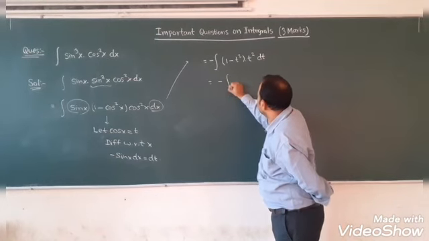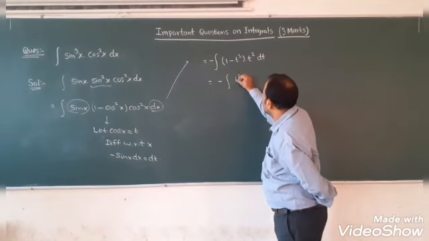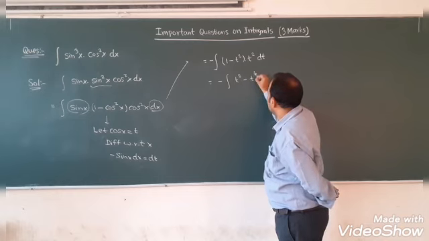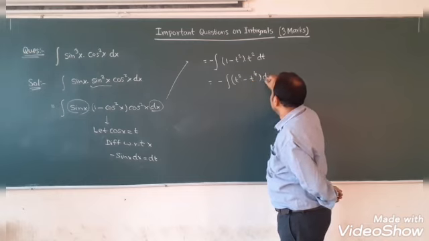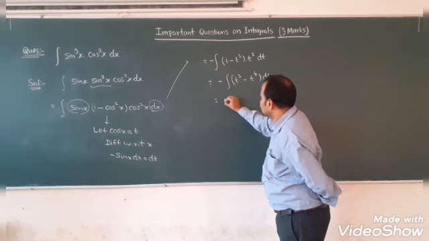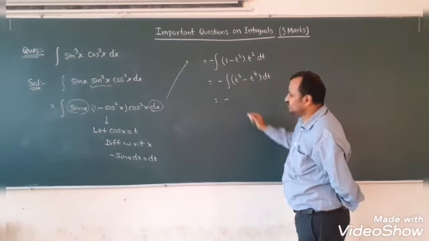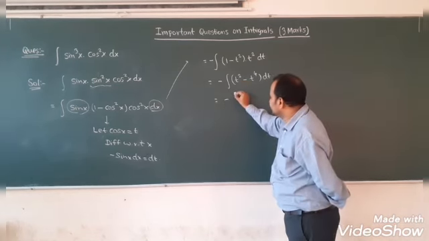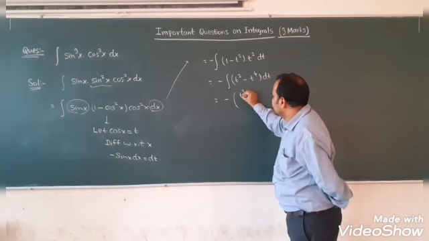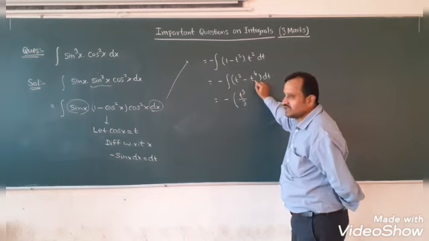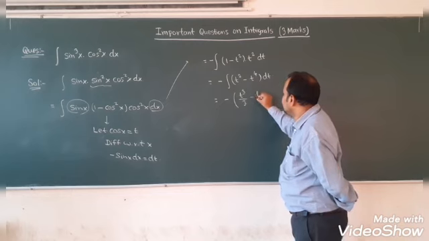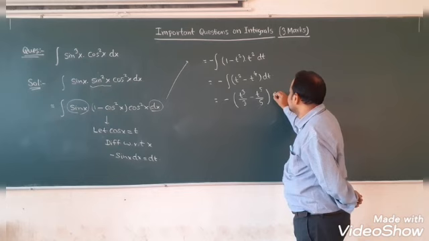So t square will come here, minus t power 4 dt. Or I can say minus integral of t square. What is integral of t square? It is t power 3 by 3. Integral of t power 4 is t power 5 by 5. Here I can say plus c.